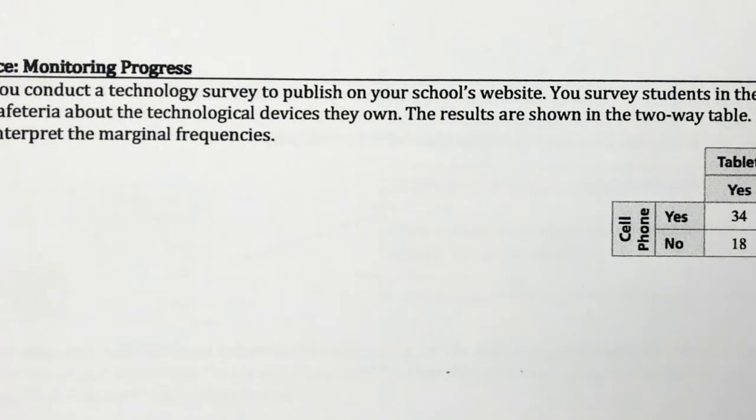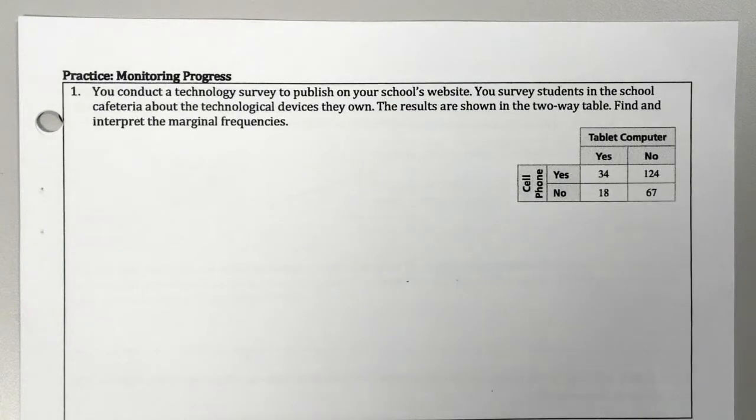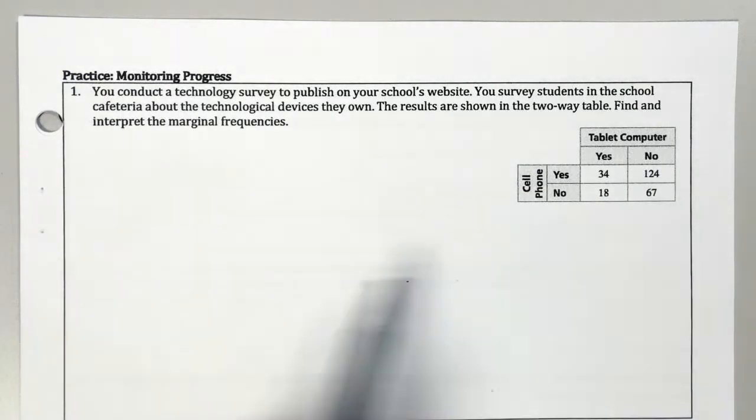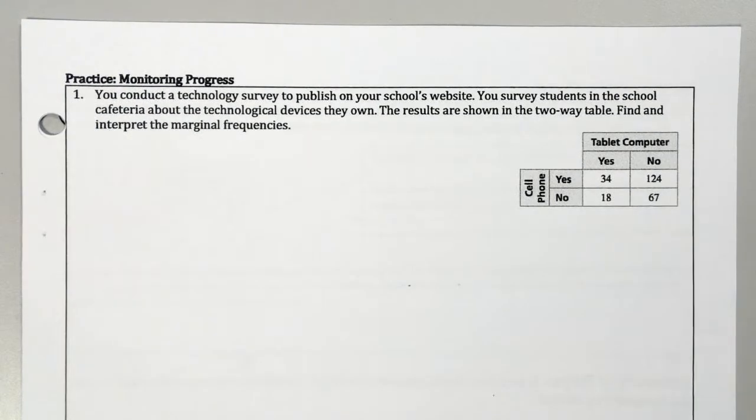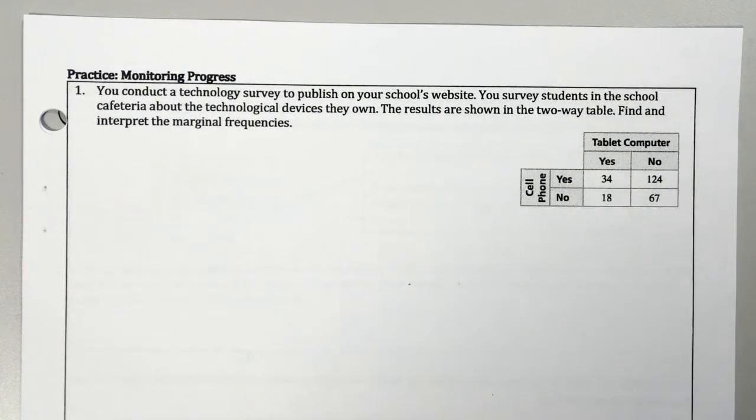and we are going to look at the practice problem right up here. Sorry about that. And you're going to notice that we've got a problem where you have some data. What did the data represent? The data had something to do with cell phones and tablet computers. And so let's go ahead and read the problem. You conduct a technology survey that you're going to publish on your school's website.